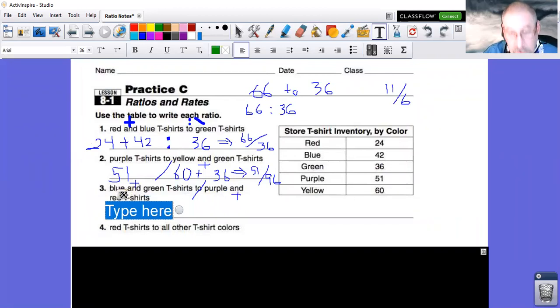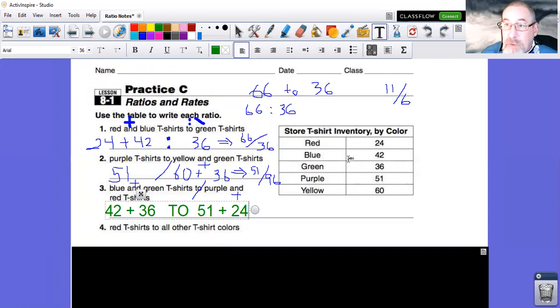So we have 42 blue t-shirts plus 36 green t-shirts to our purple plus red. 42 and 36 is going to give us a whole big 475.